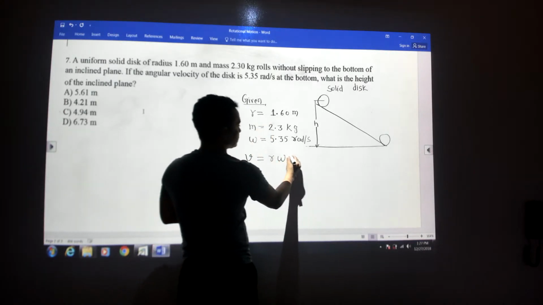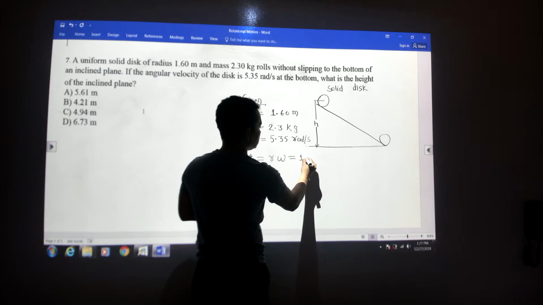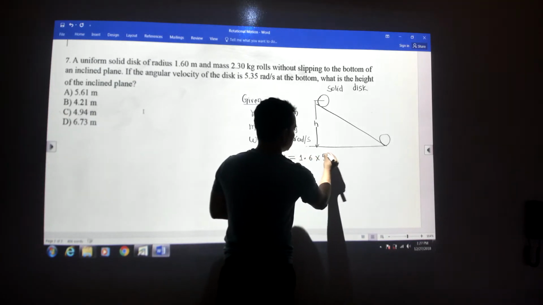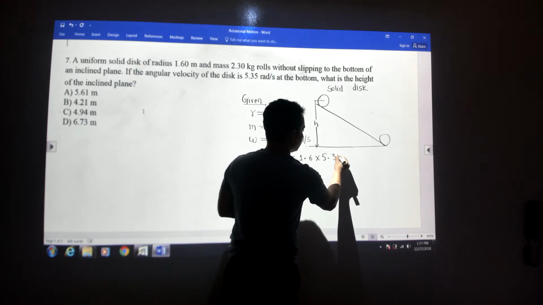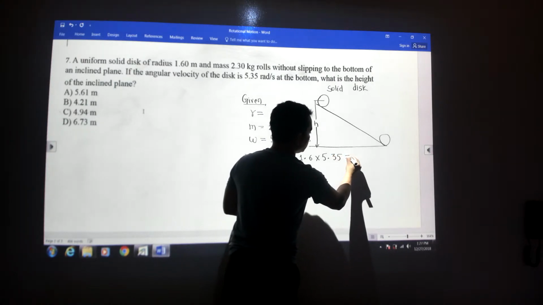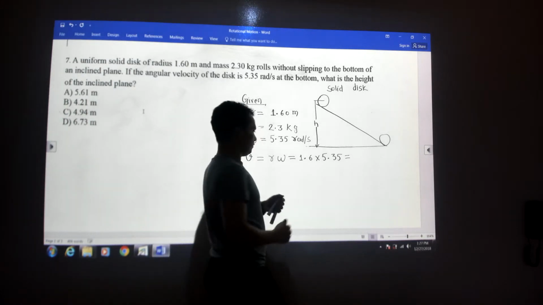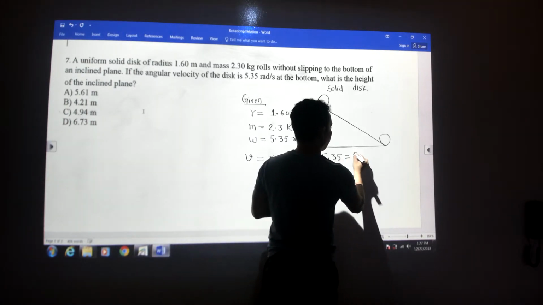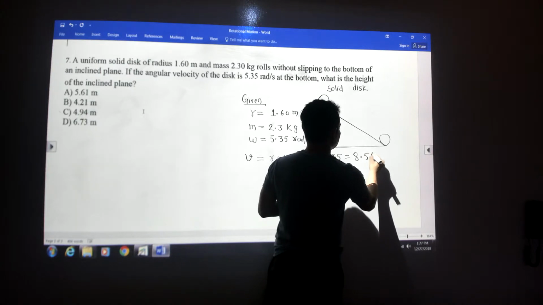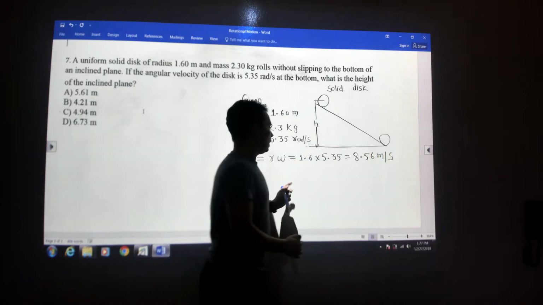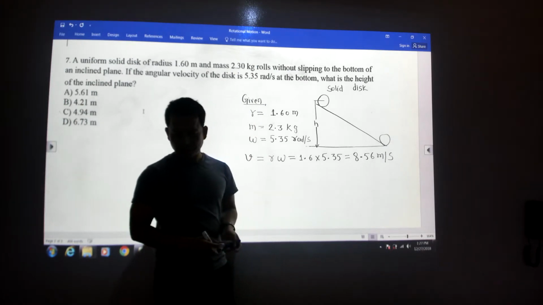We know the radius, which is 1.6, times omega, 5.35. Use your calculator and you will find this velocity is 8.56 meter per second. We got its linear velocity now.